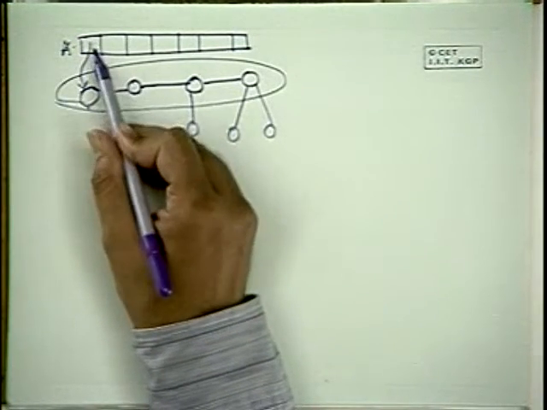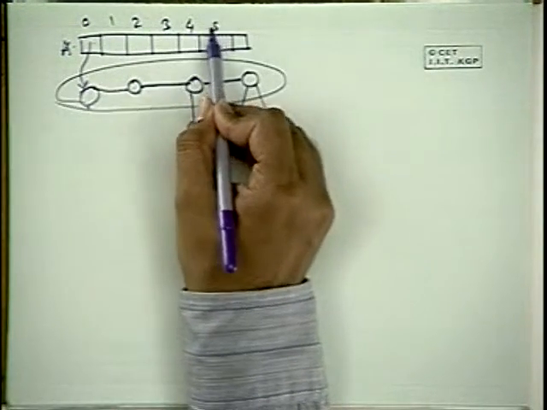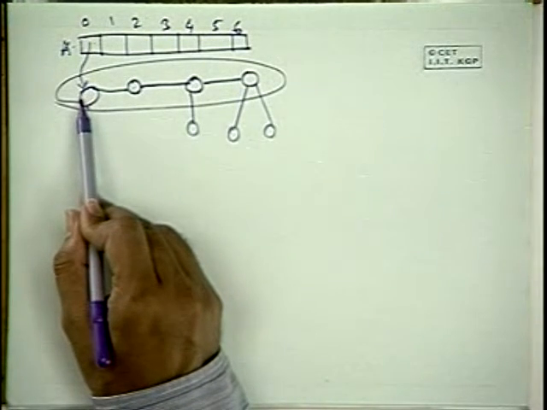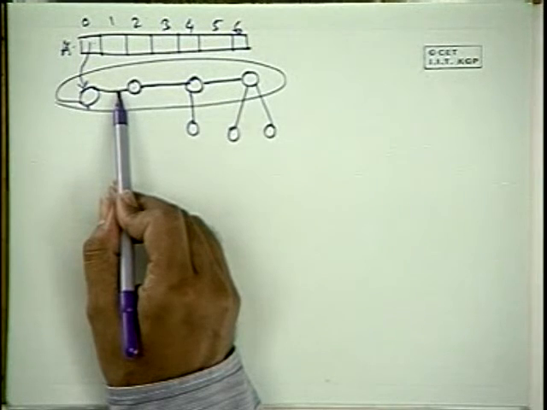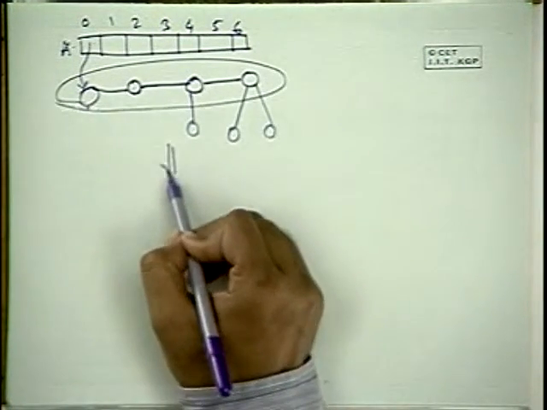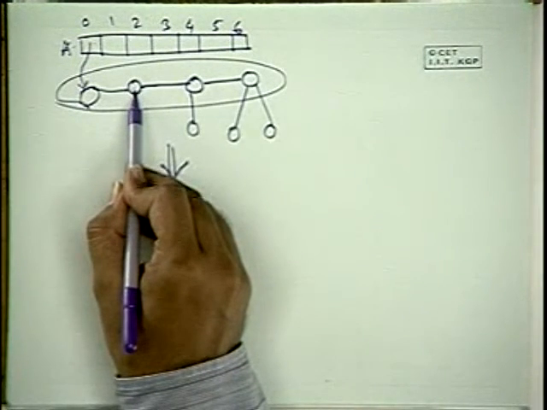So now I go and check A0. This is 0, 1, 2, 3, 4, 5, 6. A0 is already occupied. So that means there are two nodes with the same degree and they have to be linked. Once we link it, the situation becomes this. This has to be linked with this one.